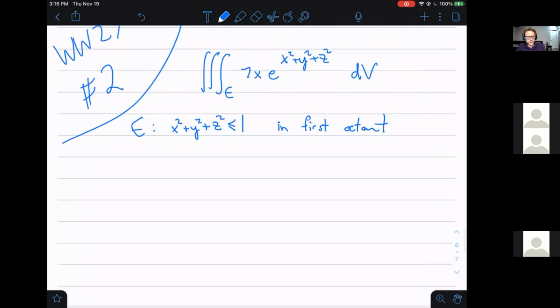The setup here maybe isn't super bad, but you do have to be careful with your evaluation. The only information about E that's given to us, which needs to go into the bounds of the integral, is that x squared plus y squared plus z squared needs to be less than or equal to 1.